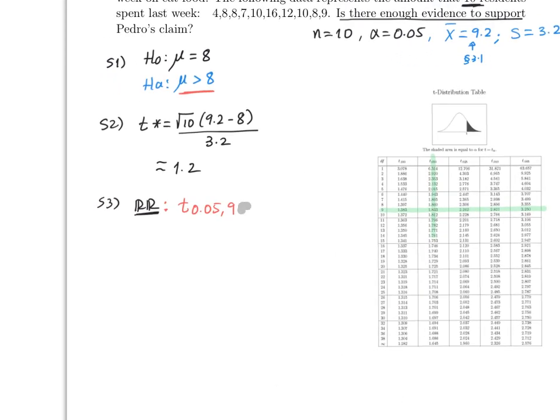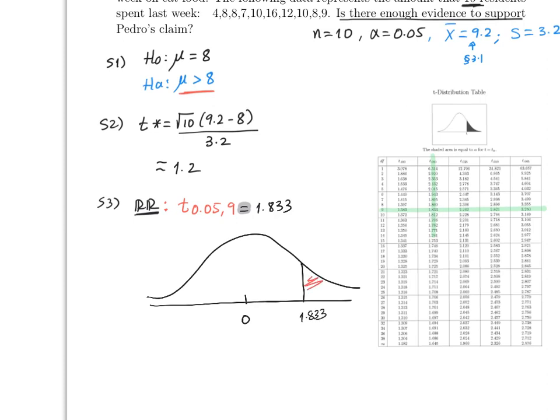So therefore this will be 1.833. Remember the rejection region this time will be on the right side. You have 0 here, 1.833. So this is the rejection region, and this will be the fail to reject H0.